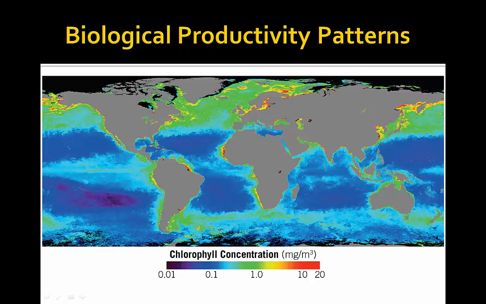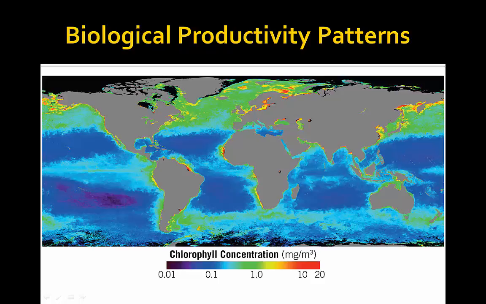The other controlling factor for productivity is the availability of nutrients. Coastal areas also have abundant nutrients washing in from the continents. Deep, warm waters tend to have very low biological productivity because the pycnocline prevents the mixing of nutrient-rich deep water with the oxygen-rich surface water.